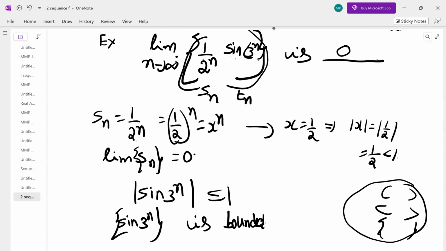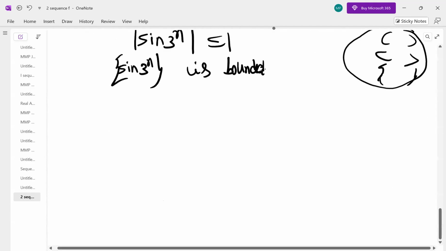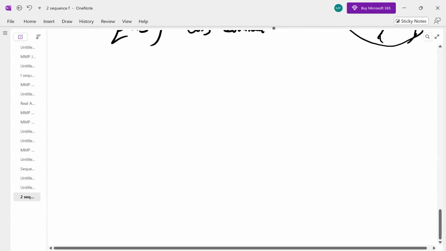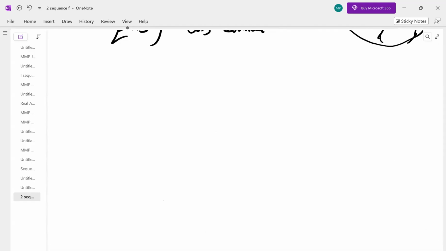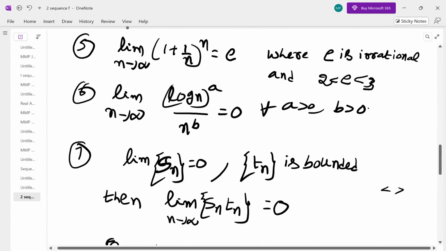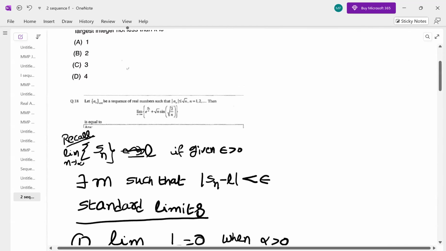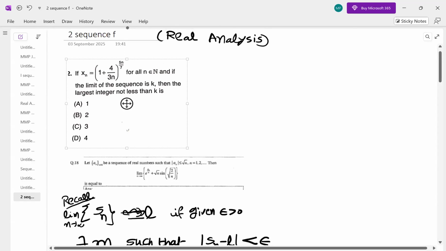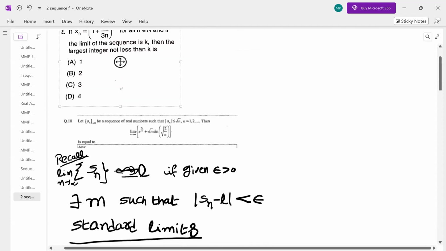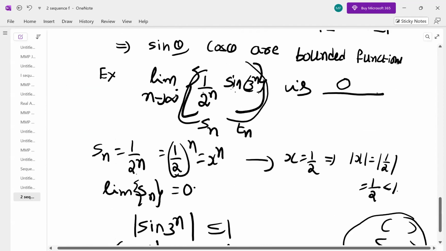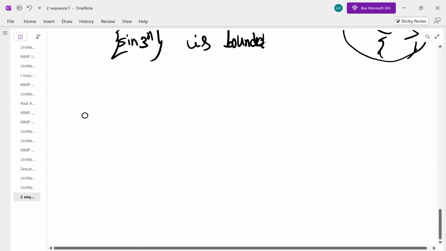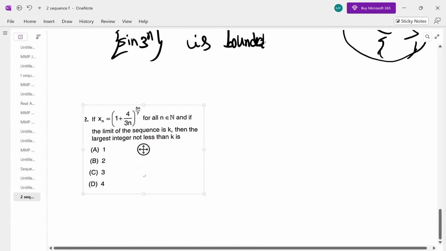Okay, next. Let us go for another interesting application of this. Here, the question itself is given in one of the papers. Very interesting question. Let us see.